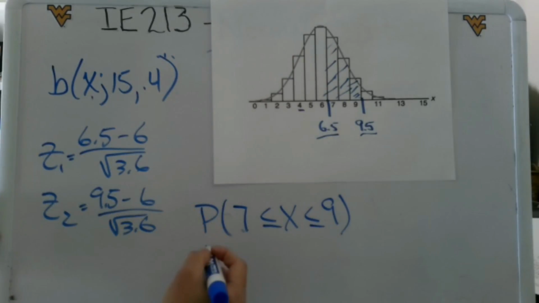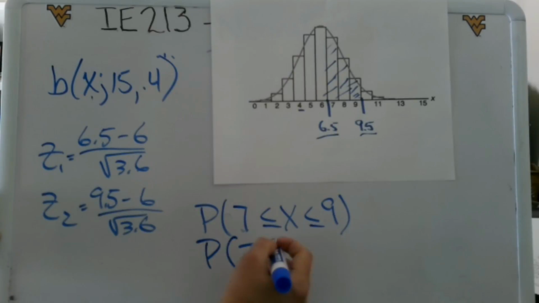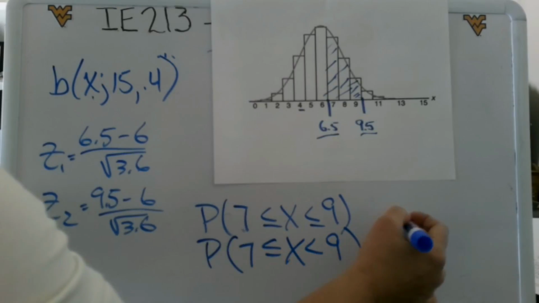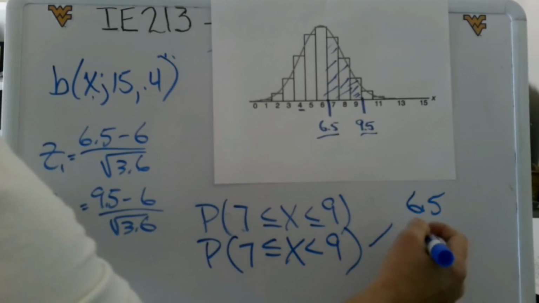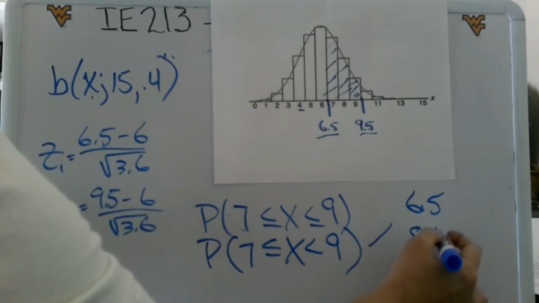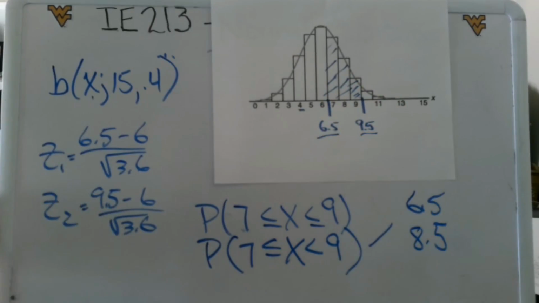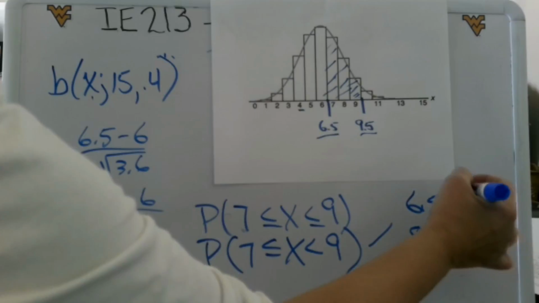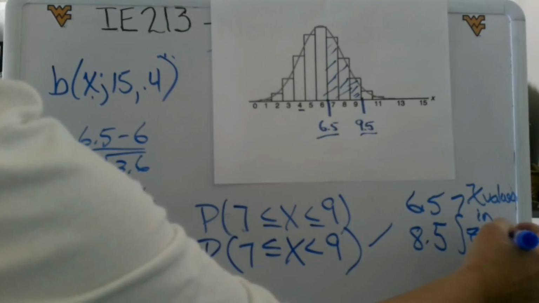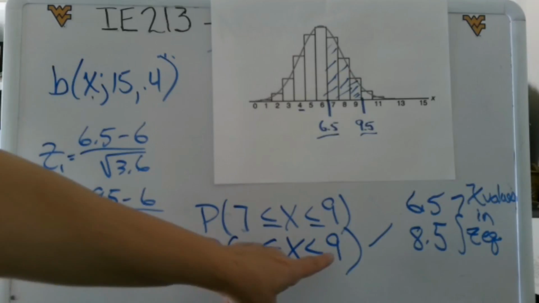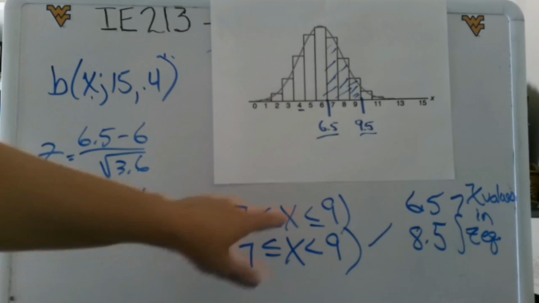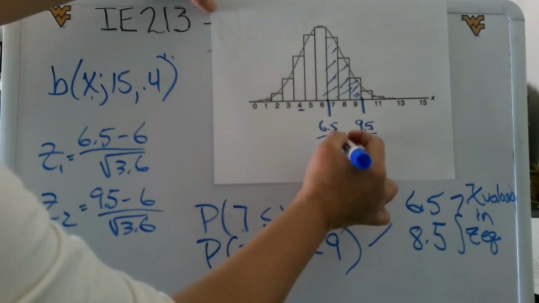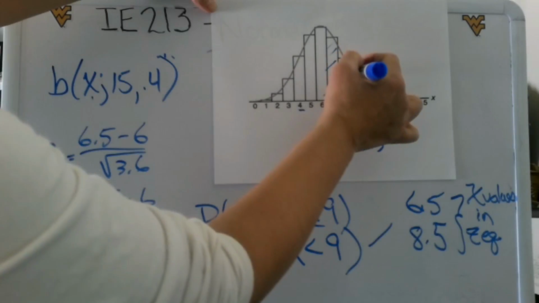If this said the probability of 7 less than or equal to x and less than 9, we would use 6.5 and 8.5. So when we're estimating for our two x values in our z equations, it matters if you have the equal sign or not. If you're just less than 9, you would be looking for 6.5 to 8.5 because you would be less than 9 for the second scenario.